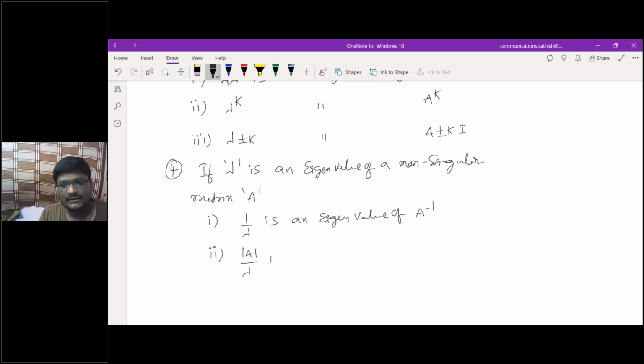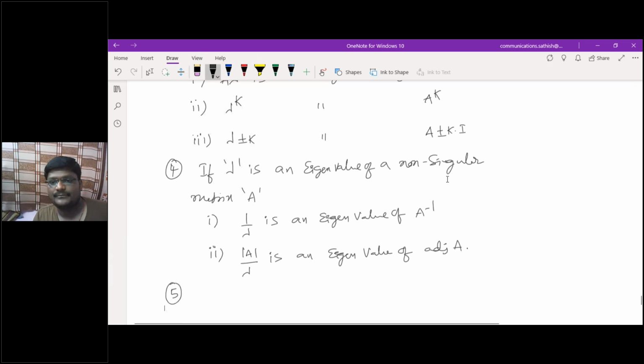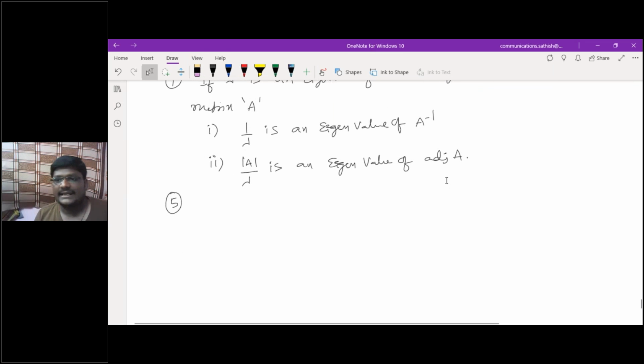Mod A by lambda is an eigenvalue of adjoint of A. Getting what I'm saying? Yes, sir.